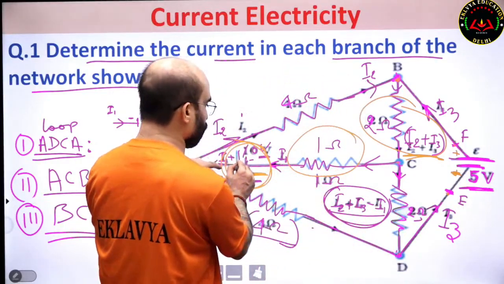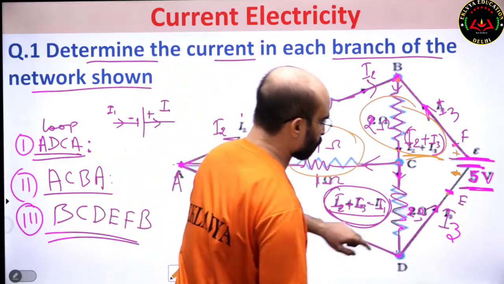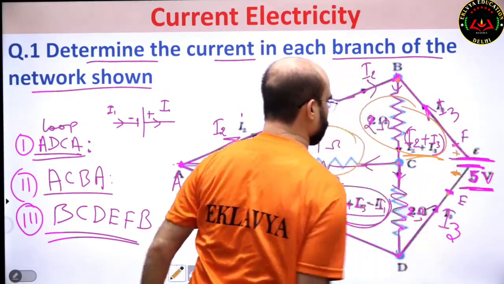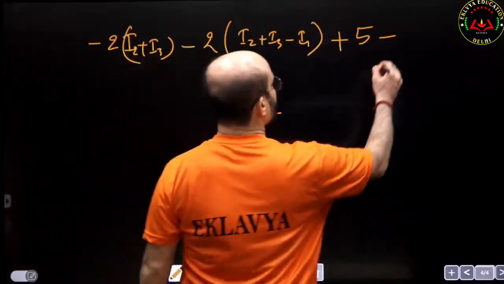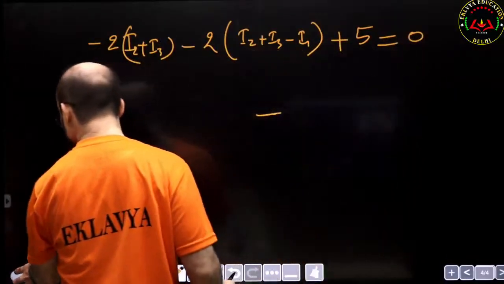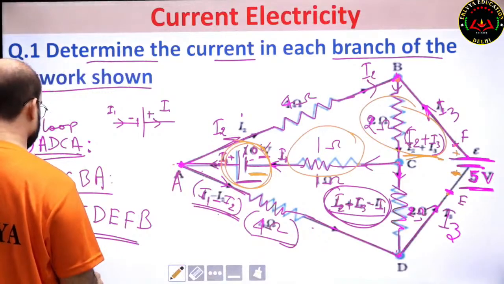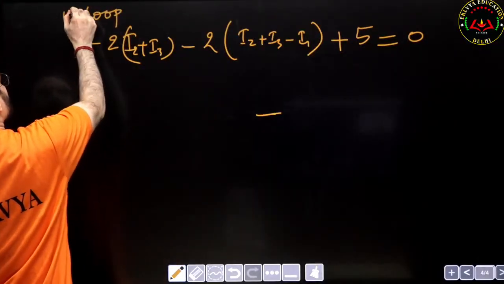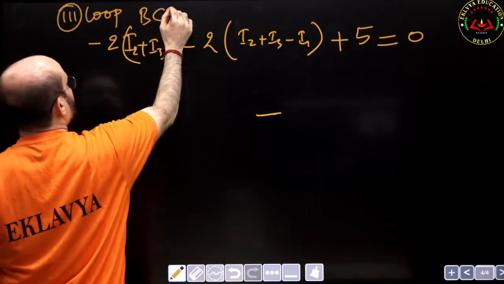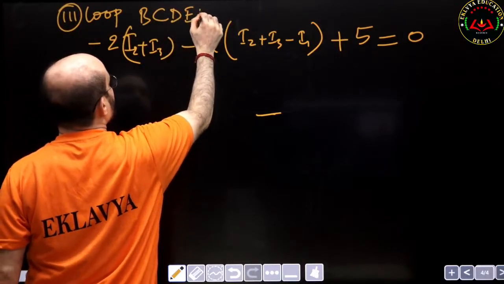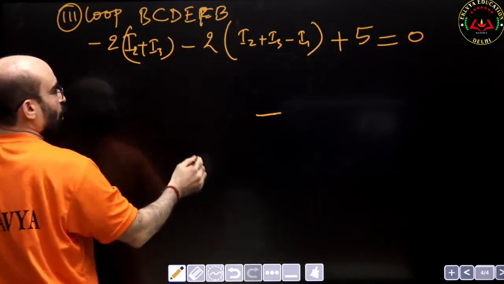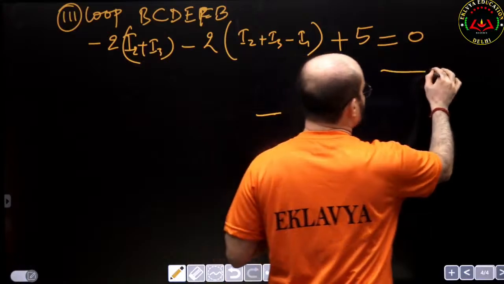This term plus the potential difference of this equals 0. This was the loop B, C, D, E, F, B, the third loop. So you got 3 equations, 3 loops.